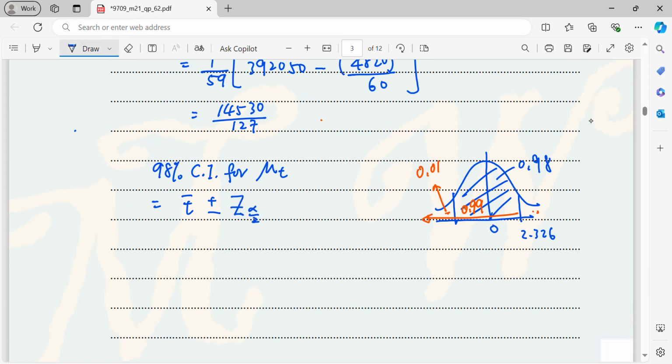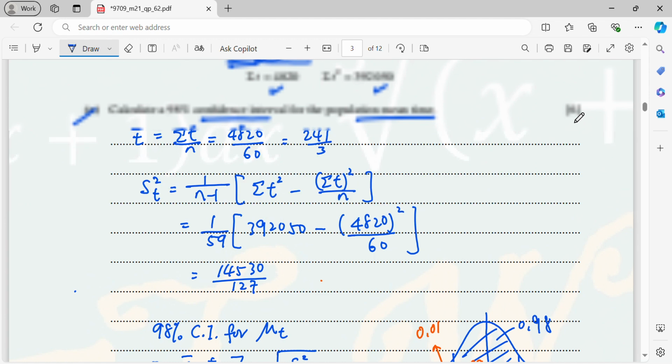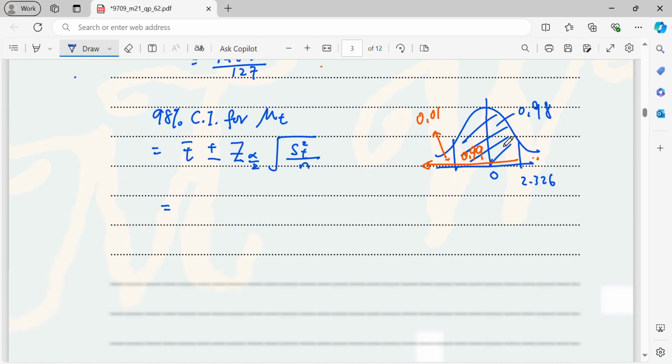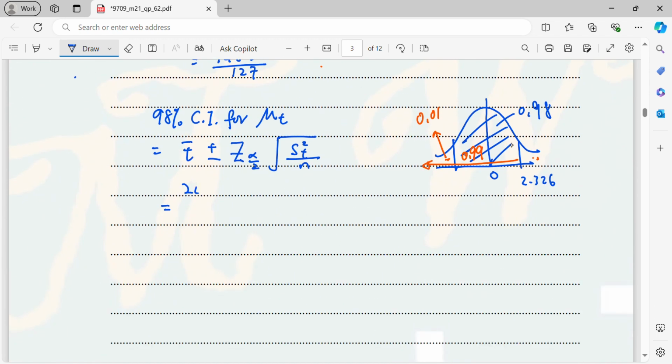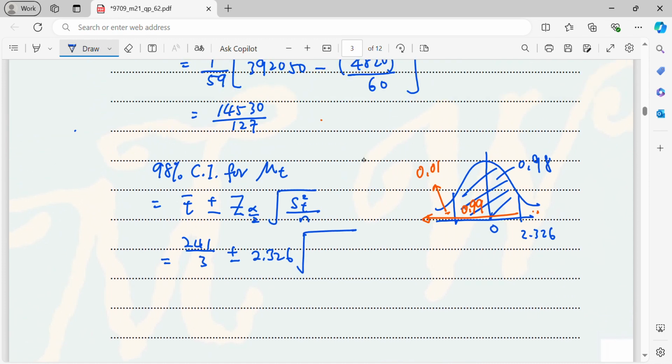Or probably here I can just write z, then the square root of s_t squared over n. So my t bar is basically 241 over 3, plus minus, the z value is 2.326, then the square root of s_t squared, which is 14530 over 127, then divided by 60, because the n is 60 now.